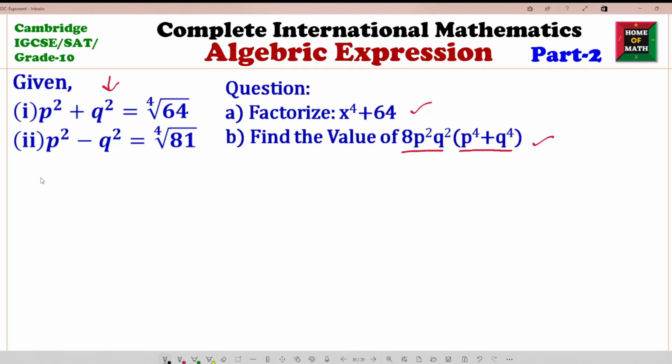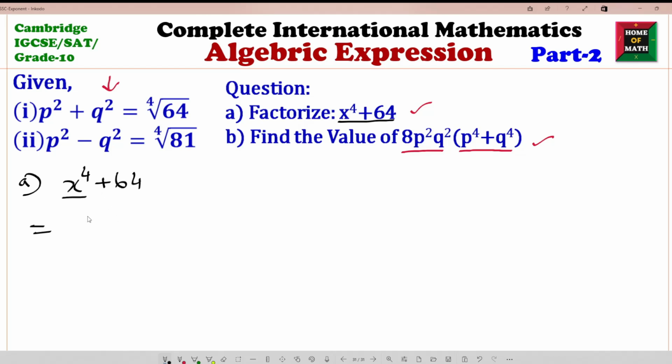Our first question is a very simple thing, where we will factorize x to the power 4 plus 64. Once we factorize, first we have to find out if we can simplify using any algebraic formula. If not, we can add something.